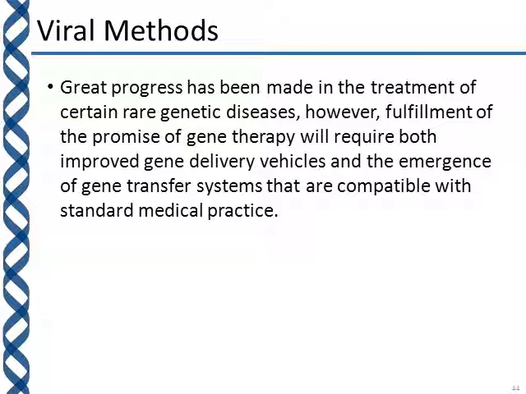There has been significant progress made in the treatment of certain rare genetic diseases. However, fulfillment of the promise of gene therapy will require both improved gene delivery vehicles and the emergence of gene transfer systems that are compatible with standard medical practice.